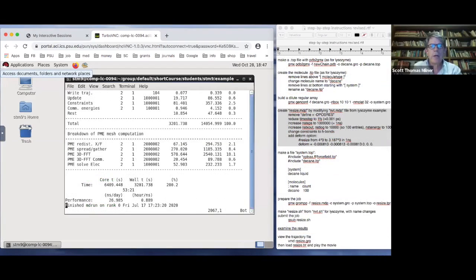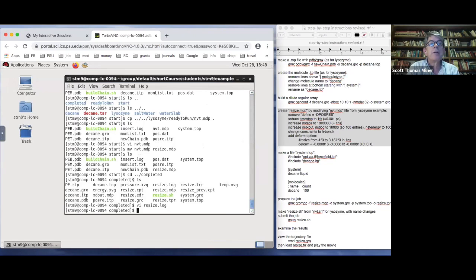Hi, everybody. So I brought you back into the main session so that we can, for example, look at the movie of the completed resize run, which takes about an hour to actually do on 2 processors, a little bit longer than we want to wait for.